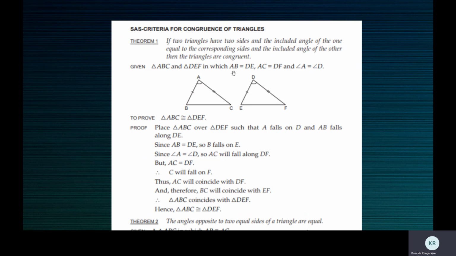Now, which is the angle included between these two sides AB and AC? AB and AC are the sides of triangle ABC.